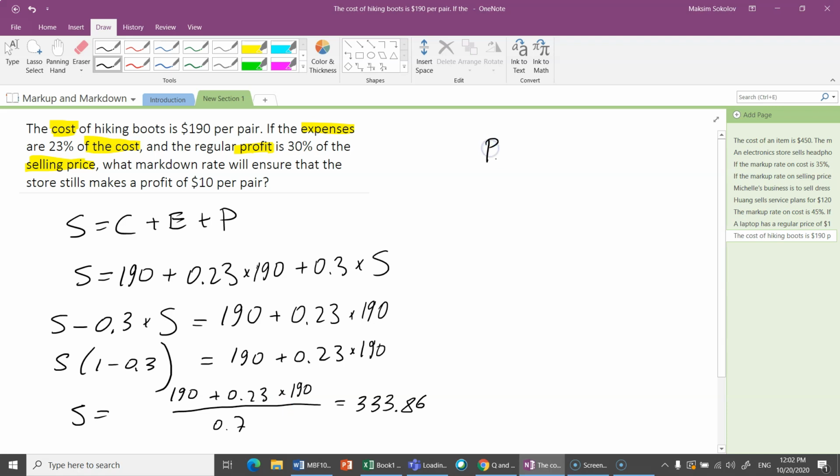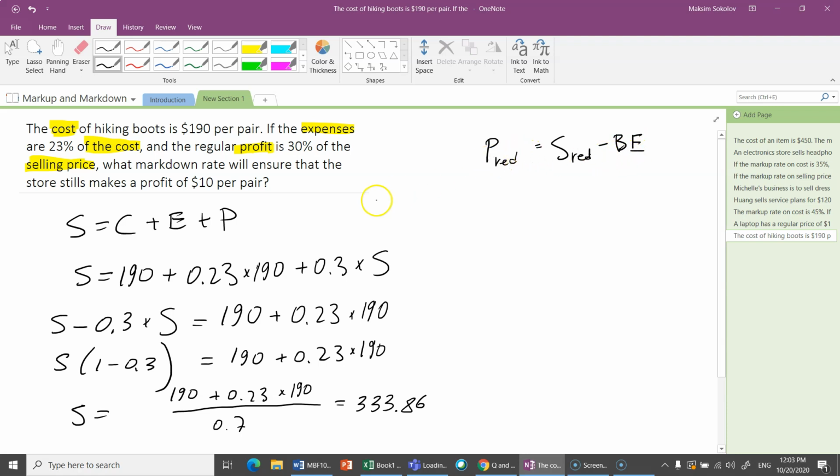Let's review here that reduced profit is selling price reduced minus break-even price. Well, we already know selling price, but we don't know reduced selling price, and we don't know break-even price.